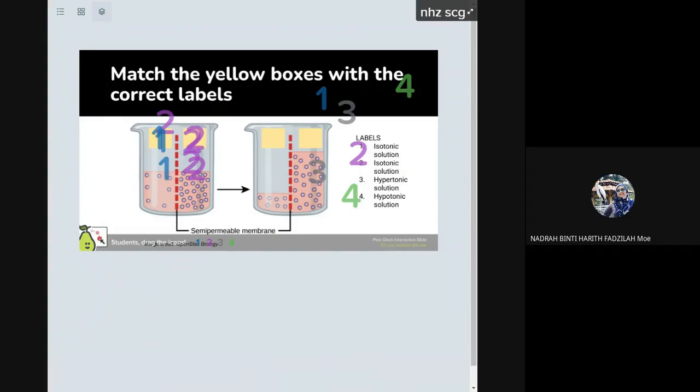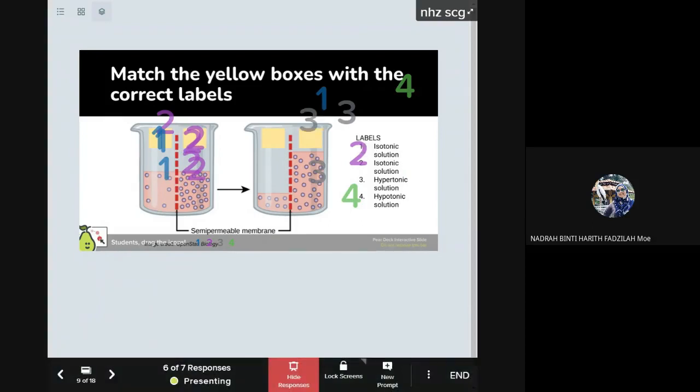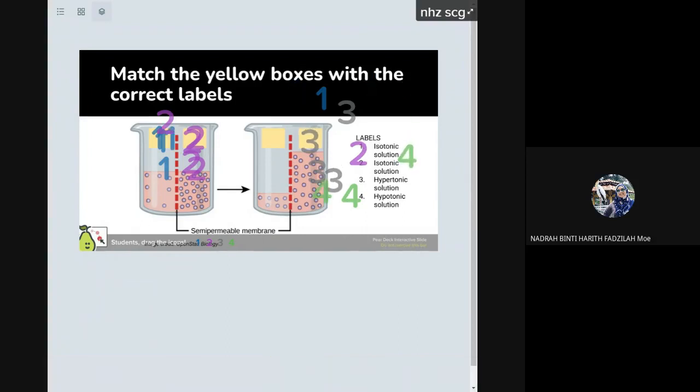Okay, so these are the 3 terms that we use to describe the different concentration of solution.